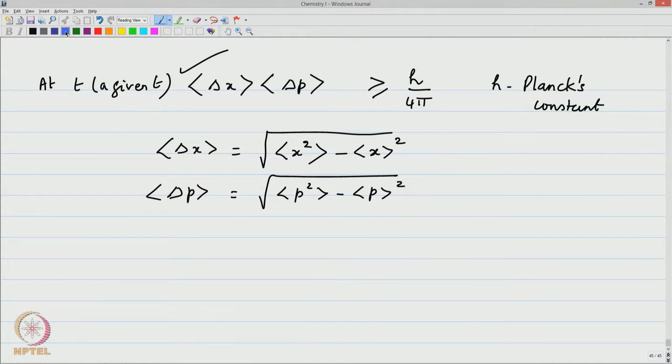What is another type of uncertainty relation in spectroscopy? When one studies molecular systems at excited states, the molecular excited states do not have an infinite lifetime, they have a finite lifetime, and the excited state energies are also not very precise.